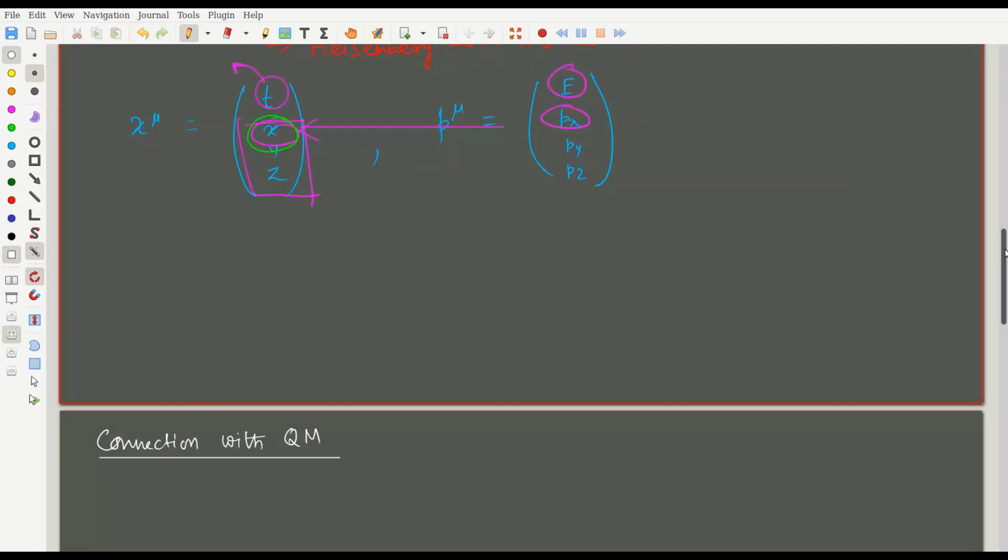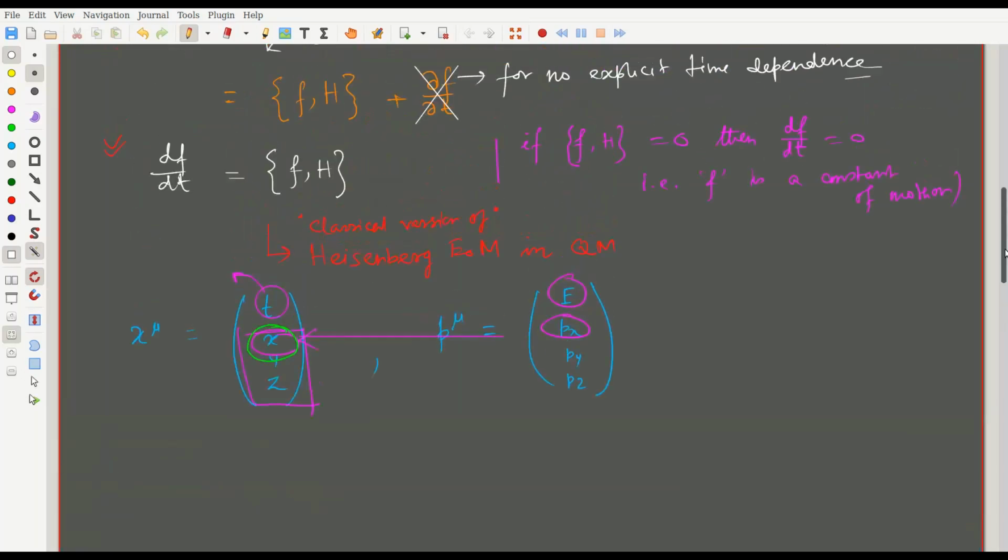But I want to give a natural flavor to quantum mechanics, how you can smoothly transition into quantum mechanics from this idea of the Poisson bracket and whatever you have learned so far.